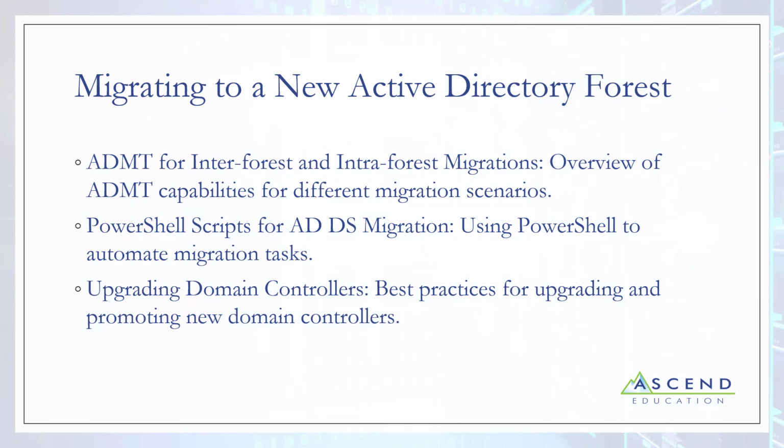But you cannot have the functional level be higher than your oldest domain controller. So for instance, let's say your oldest domain controller on one of these companies is going to be 2012 R2. All right, well, hopefully that doesn't happen. But you're going to find a lot of companies use some really old technology.